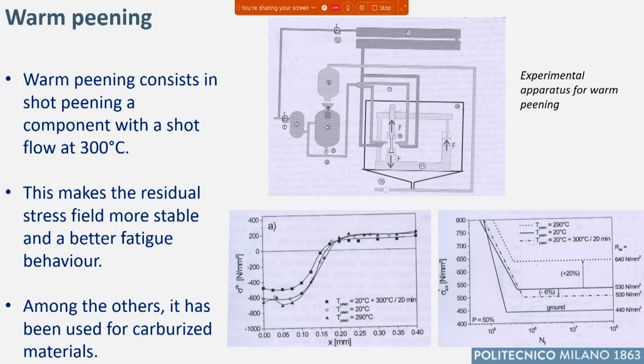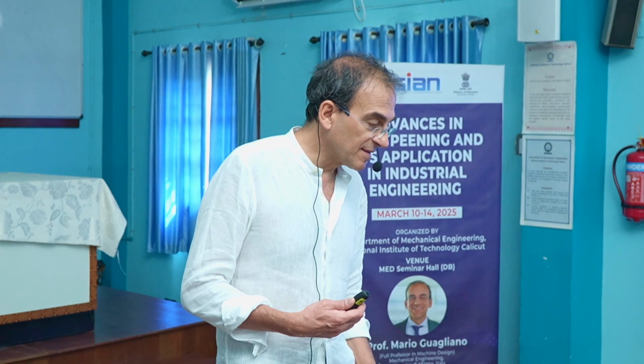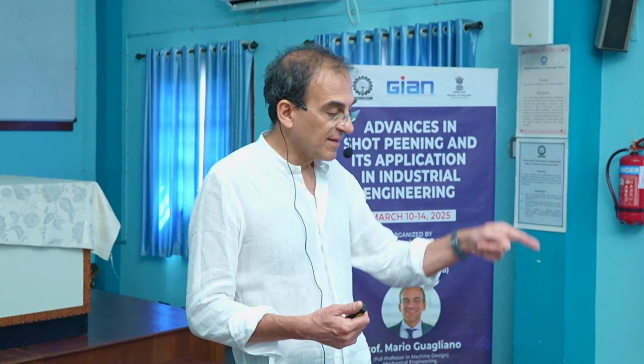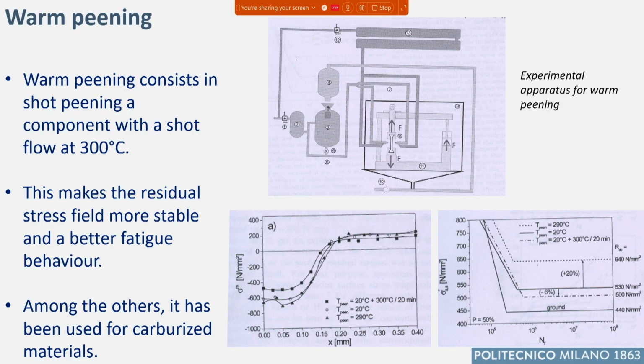If you apply shot peening at 20 degrees plus a stress gradient, and we maintain the sample at 300 degrees for 20 minutes, the trend is decreasing. But if we apply shot peening at a temperature of around 300 Celsius degrees, the profile is a bit better.